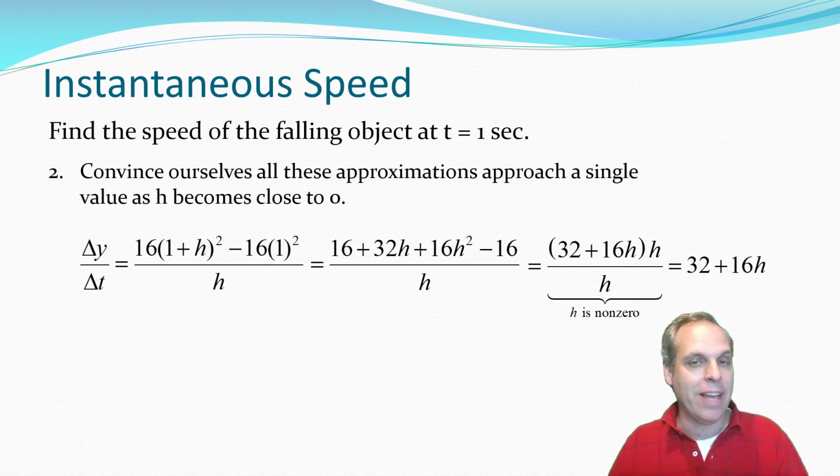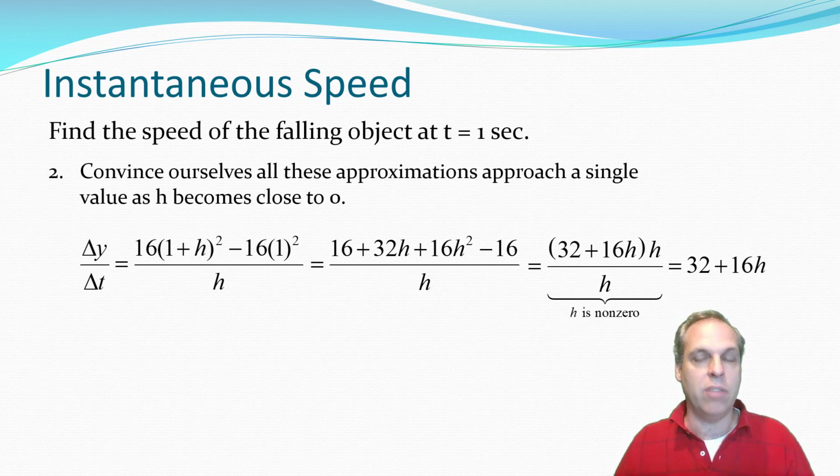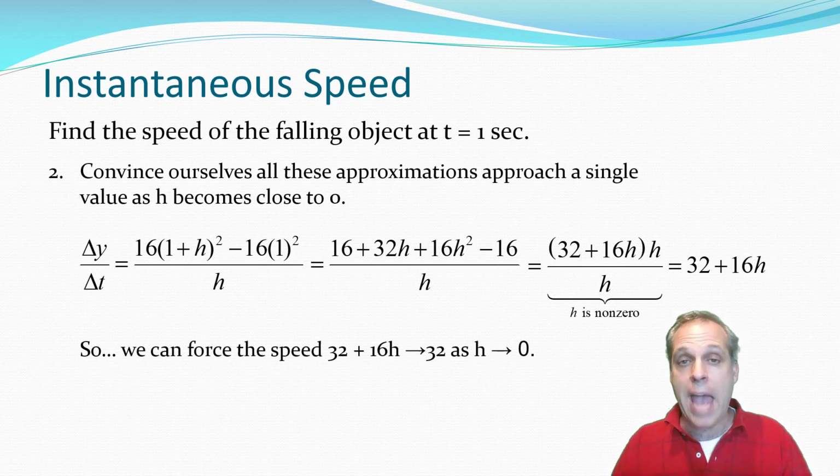So I can make that time interval as small as I want. If I can make the time interval h as close to 0 as I like, 16 times that is as close to 0 as I like, and 32 plus that is as close to 32 as I like. So it seems that I can make the average speed be as close as I want to 32 feet per second. I just have to make the time interval small enough, close enough to 0.